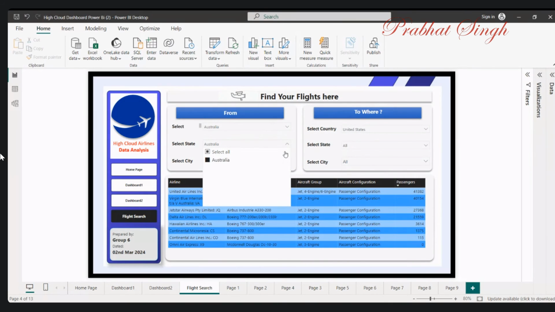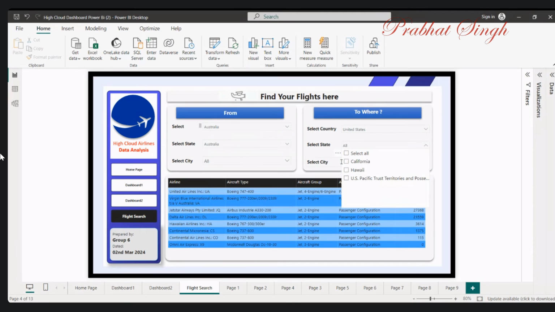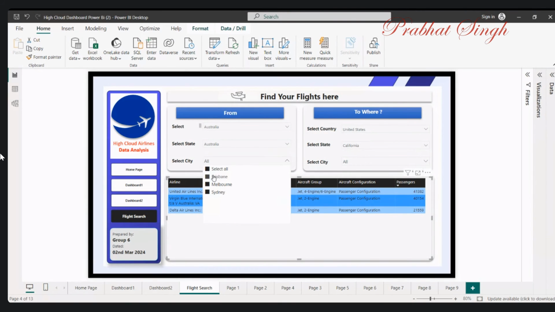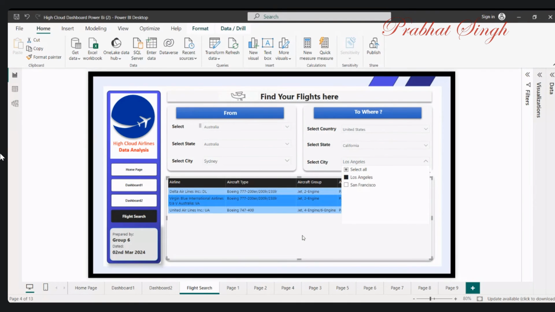Australia to California. And city will be Sydney and Los Angeles. So here we can see that the airline, aircraft and air groups, air confirmation and passengers are given in detail if you want to travel from country, from state, or from city to city.